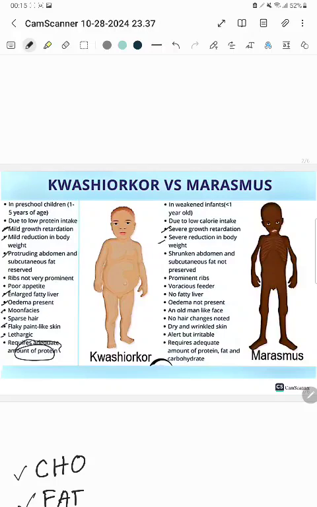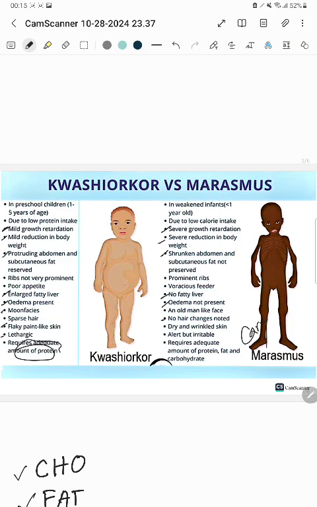Compared to the kwashiorkor baby, Mr. Tom, Mr. Carey will develop a shrunken abdomen and subcutaneous fat is not preserved. Here there is no edema, no fatty liver, and no hair changes noted, whereas in kwashiorkor there are some changes, like sparse hair.